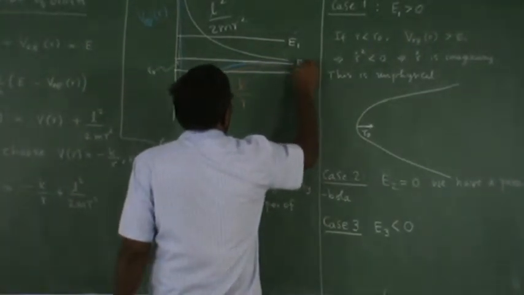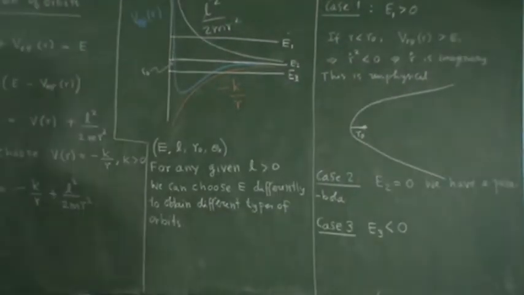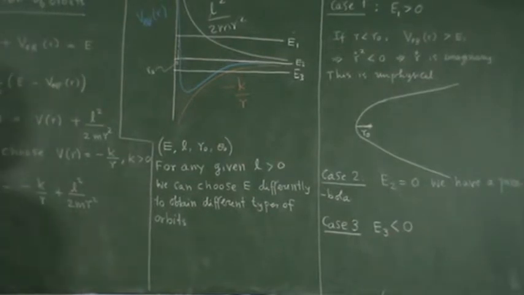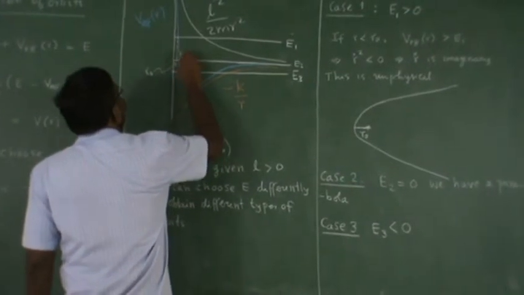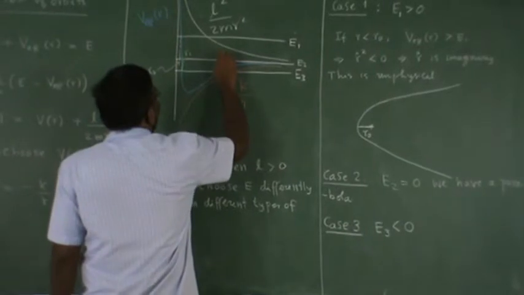So this is E2. Now, interestingly, at this point, you have 2 points. This point, which I will call R1, and this point, which I will call R2.